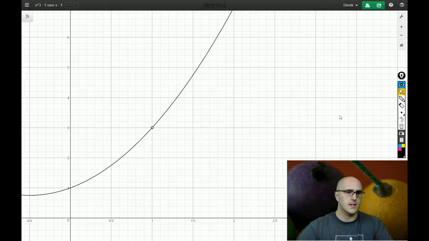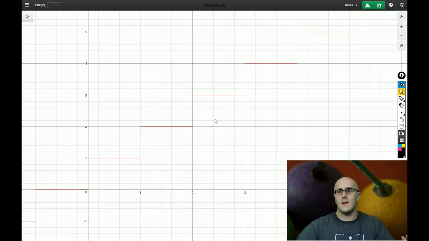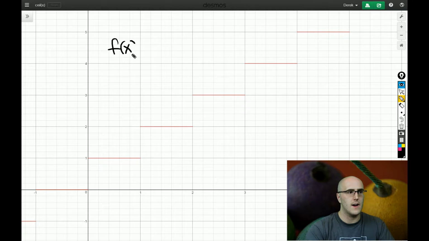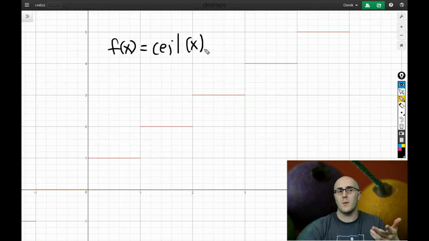I'd like to show you this one, because I think it shows in more detail how this can be more complicated. This right here is the ceiling function, as in the round-up function. f of x is equal to the ceiling of x. And that means you put in 1.5, you get 2. You put in 1.75, you get 2.